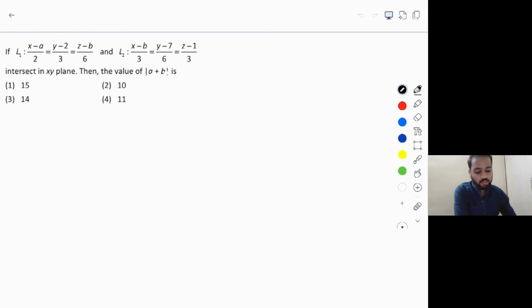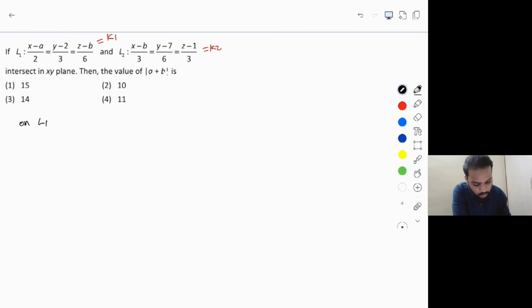There are two straight lines L1 and L2 which are intersecting in the XY plane. Then the value of A plus B is. First, we have to solve for the point of intersection of the two lines. We know the method: you take the first line's ratio equal to some K1, and the second line's equal to some K2. From there you get the general point on the first line.